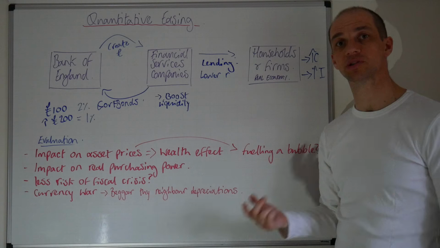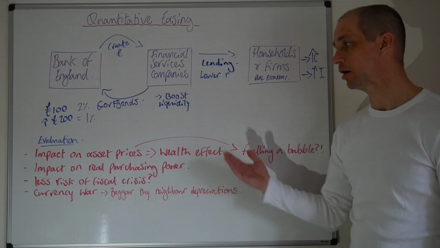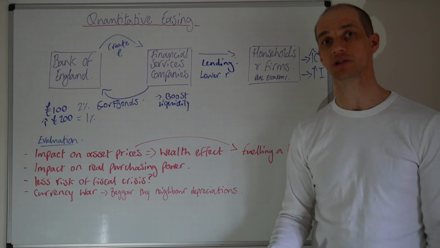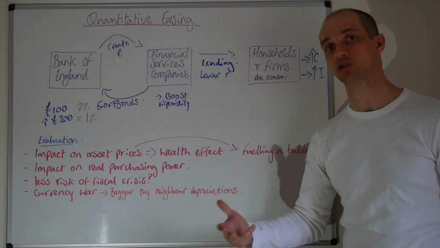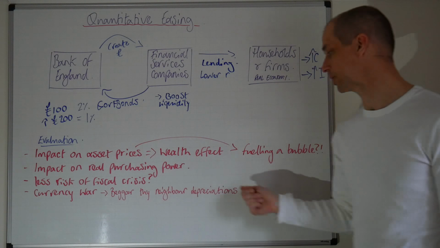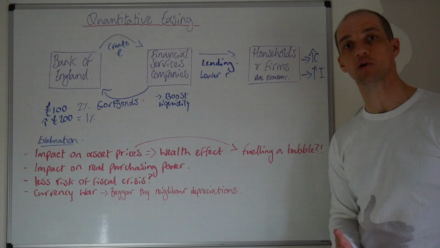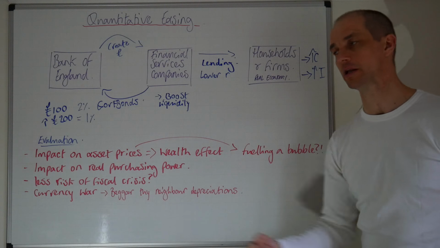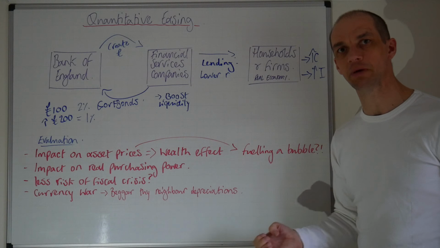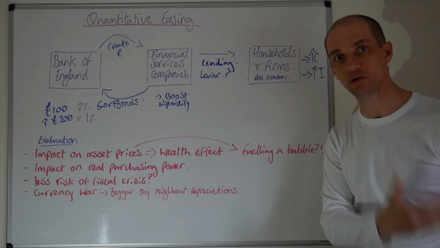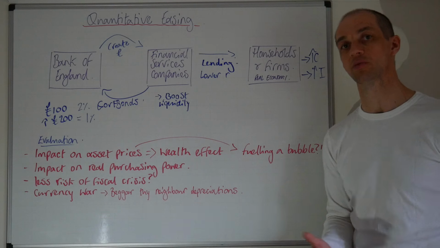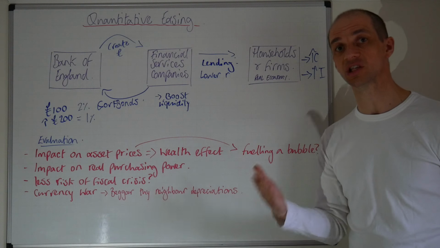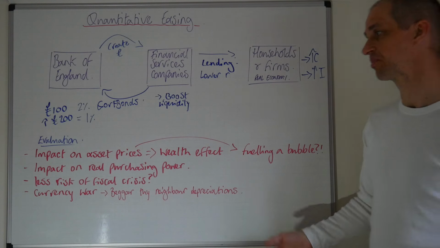So this can have a positive wealth effect, of course, but it also means that property prices will rise, and that may contribute to intergenerational inequality. And it may also fuel a bubble further down the line. Certainly a lot of people are concerned about the looseness of this monetary policy that we have had over such a persistently long period of time.